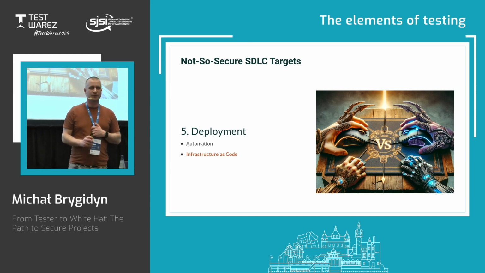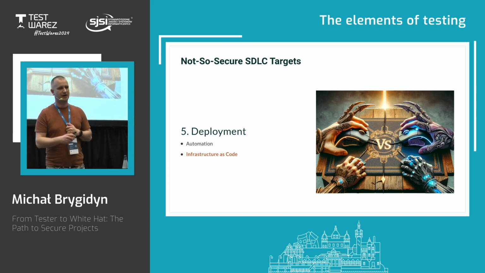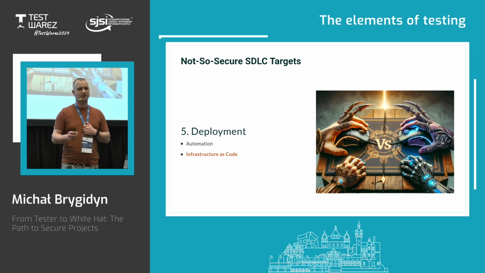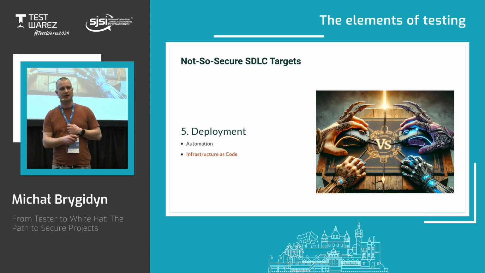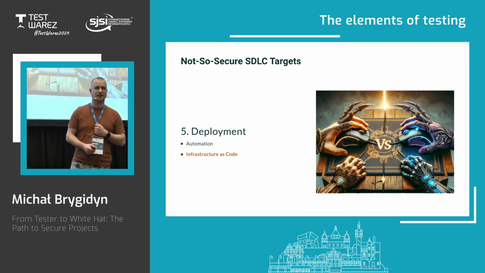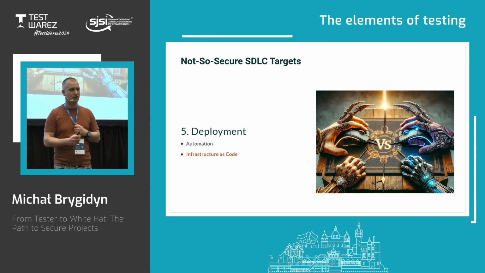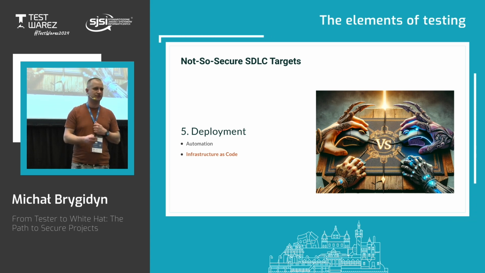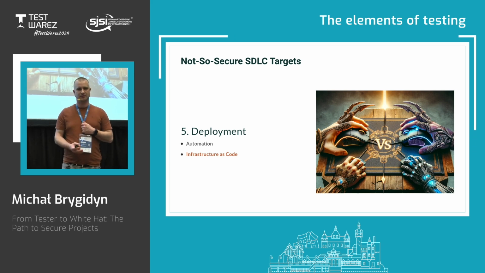Infrastructure as code. If you work with cloud and you build things by clicking through the console, not by having it in the code, where's your single source of truth? How do you know if what's in the cloud should be there, if this is the configuration that you put there 2 years ago? If you don't have a definition in code, you don't know that. So infrastructure as code not only helps developers or DevOps or whoever builds your cloud to build it and maintain it, but it also is a source of truth.